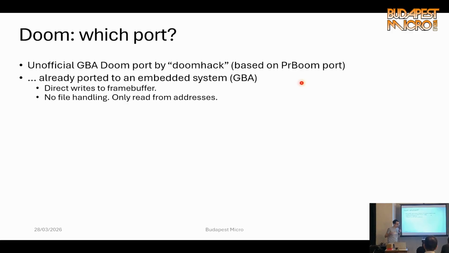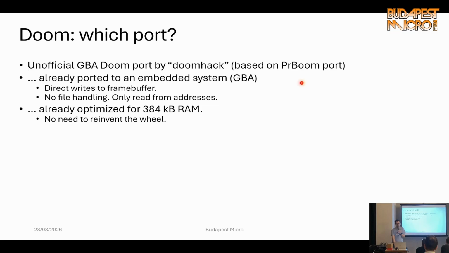Essentially because it was already ported to an embedded system, that is the GBA, and basically there are just direct writes to a frame buffer, no drivers or whatever, and also there is no file handling stuff, so you just read from an array, basically. And also it was already optimized for a system which had just 348 kilobytes of RAM, so I didn't have to reinvent the wheel.